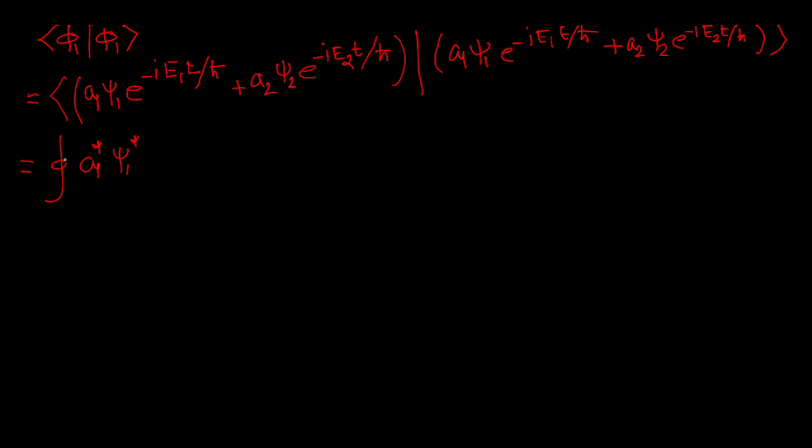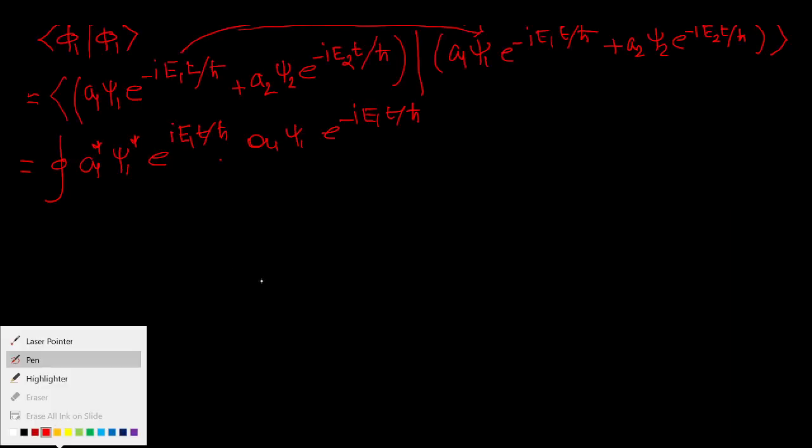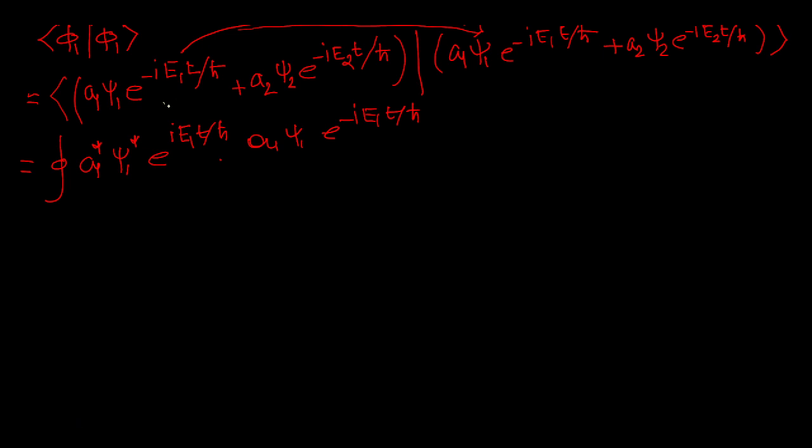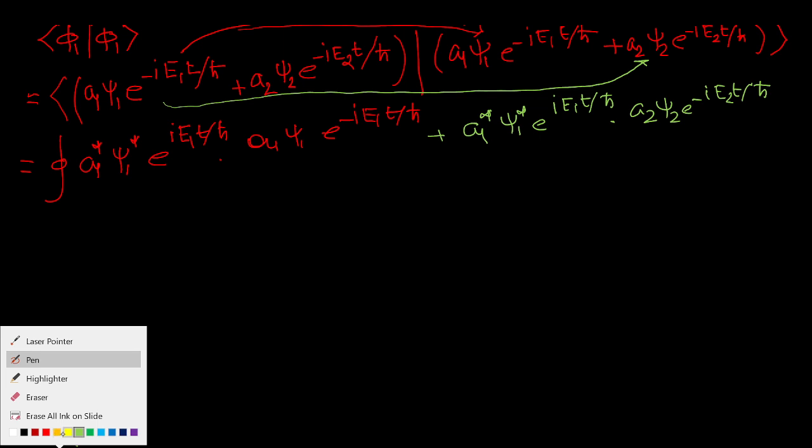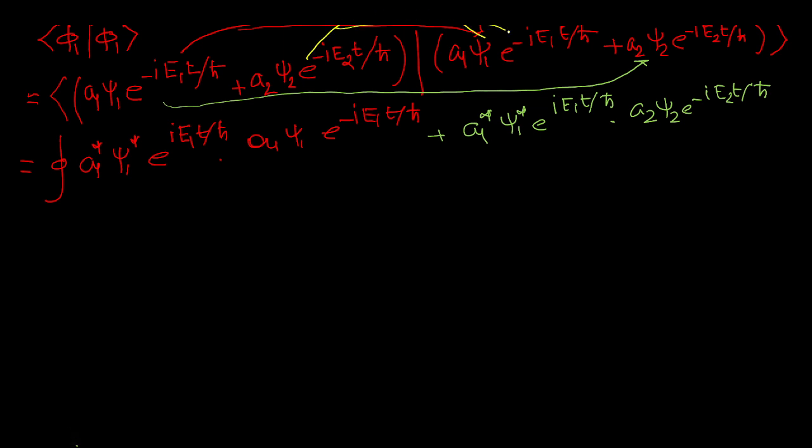In integration form we have to take its conjugate, then we multiply this with this, then this one with this, and then this with this.